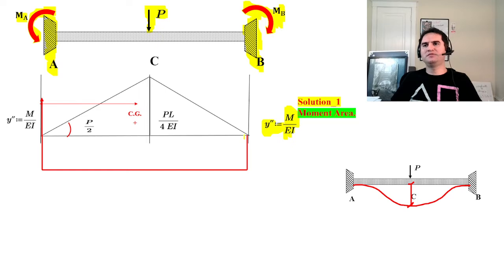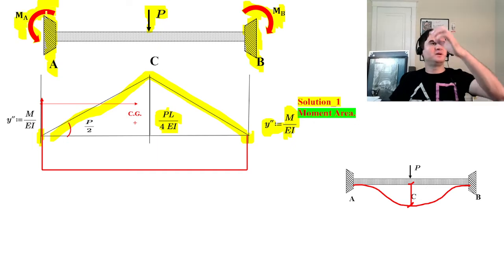Like the previous problem, we have a moment of PL over 4EI, and nothing at both ends if it's simple support, so that's 0, that's 0. Then apply the effect of MA. That moment pulls the top, so it's a negative moment.